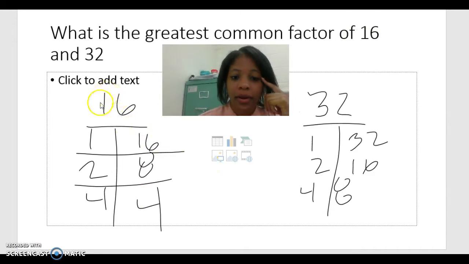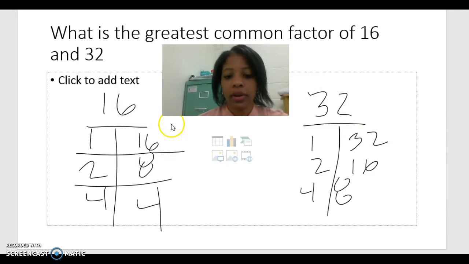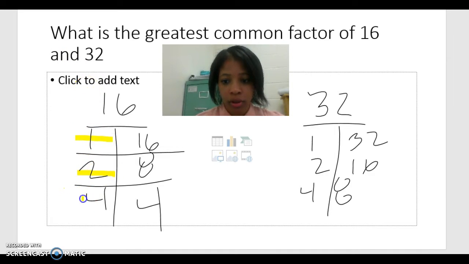Now that I have all my factors of 16 and 32, I want to find the greatest common factor, so the greatest number that they both have in common. They both have a 1, a 2, a 4, so I'm going to highlight these. 1, 2, 4, they both have an 8, and they both have a 16.